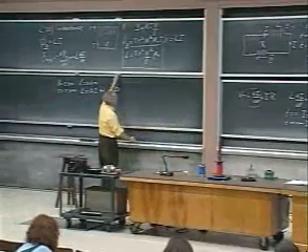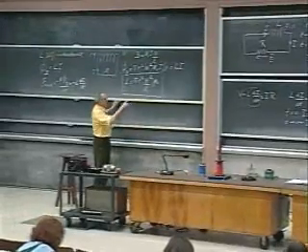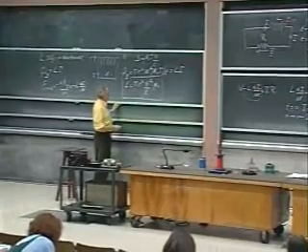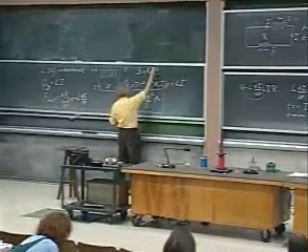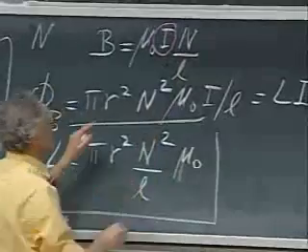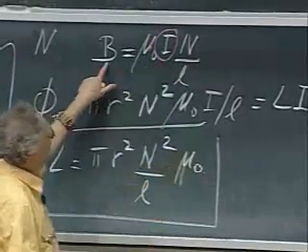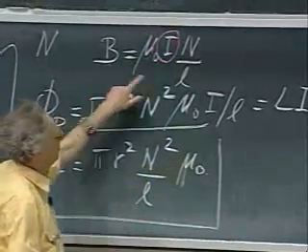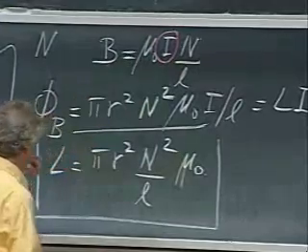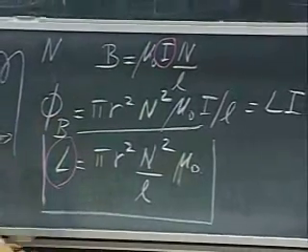And if I know that the energy that is ultimately coming out is 1/2 L I squared, then I have here I, and so I can replace that I there by B divided by mu 0 times L divided by N, and here I have L.